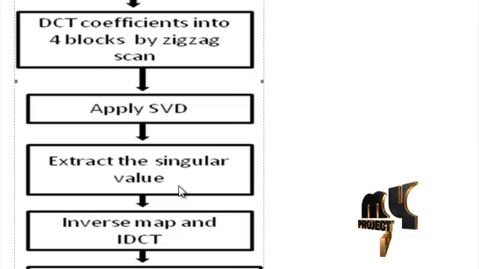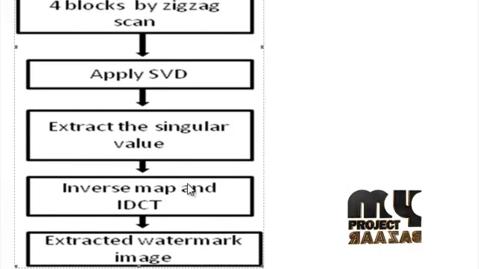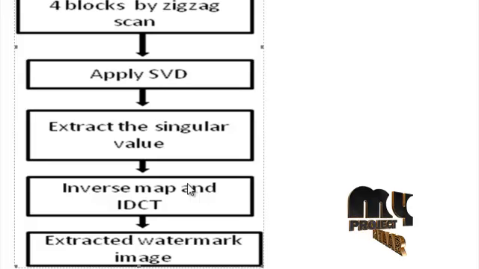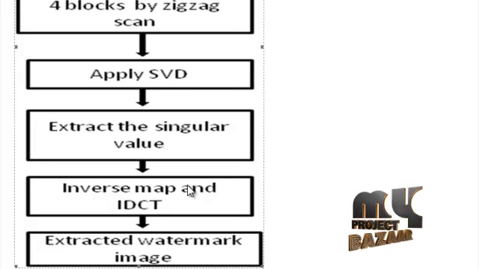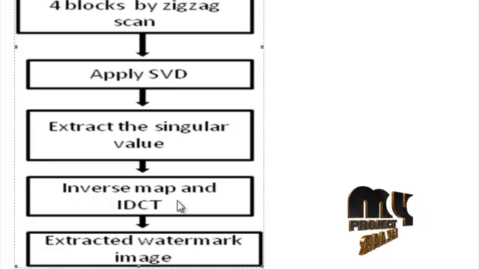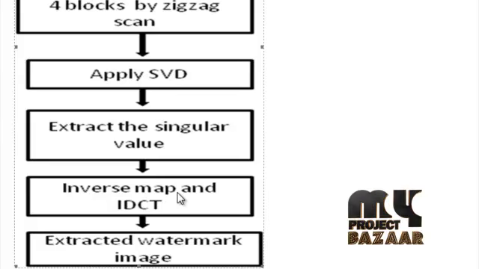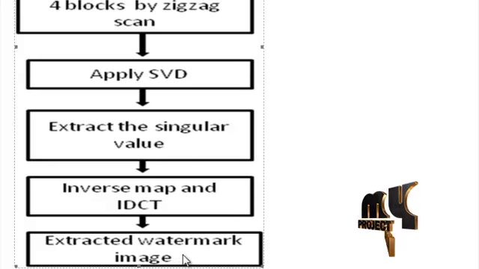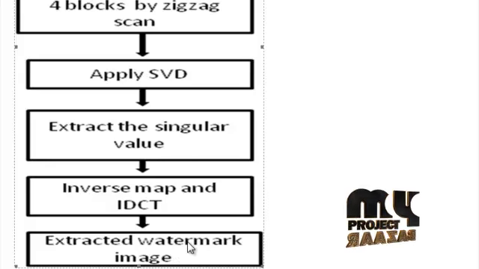Then we construct the DCT coefficient for 4 visual watermarks. Then we apply the inverse discrete cosine transform, IDCT, to the 4 visual watermarks. Then we get the watermark image.